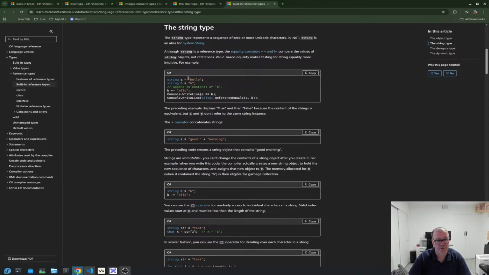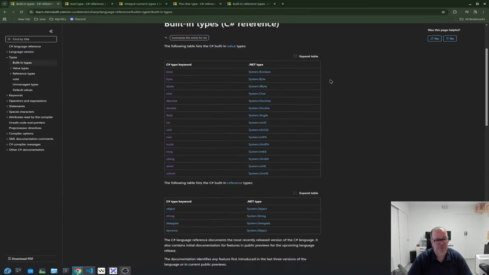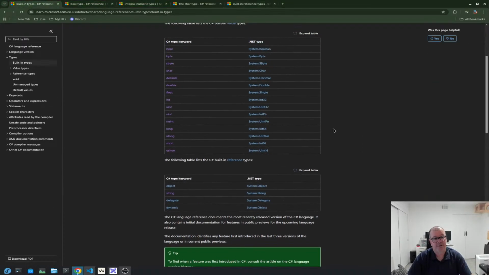Do you see that string uses double quotes? Please don't get scared. You don't need to memorize all those things. Most of the time, we're going to be using int, or decimal, or string.